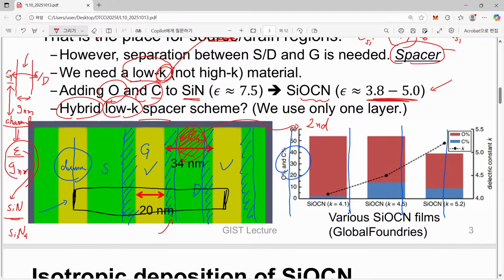One is used just for mechanical protection, and one is used to reduce capacitance. Now we have this kind of two-layer hybrid spacer scheme.